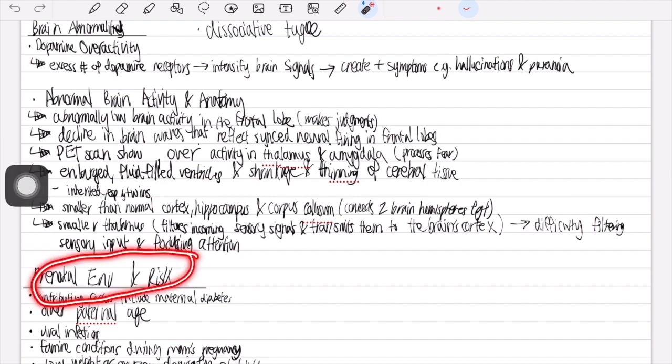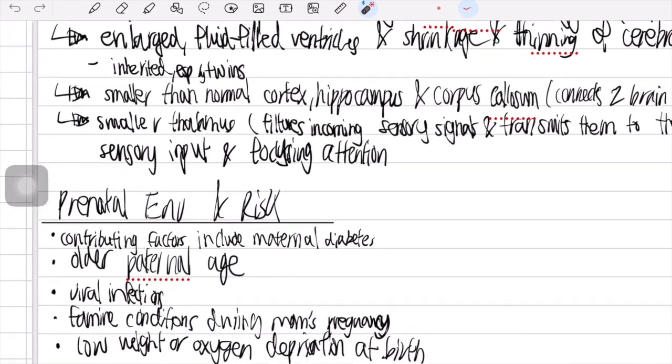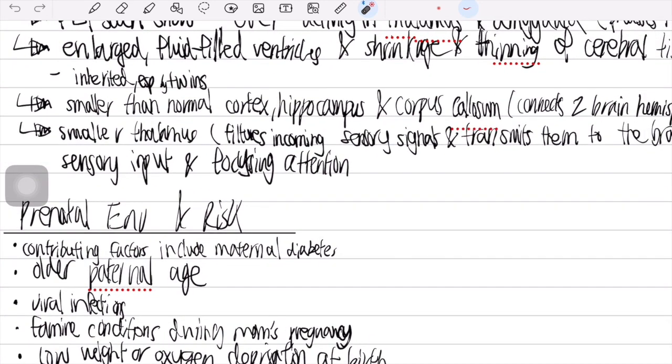In terms of prenatal environment and risk, there is what we call epigenetics, in which changes in the environment can cause DNA or gene change. So it is not necessarily a biological factor, but an epigenetic factor.